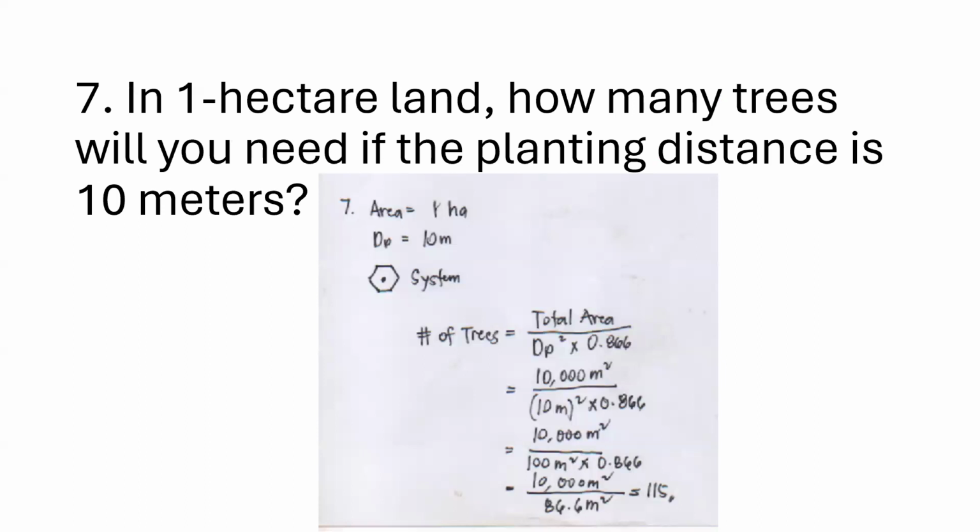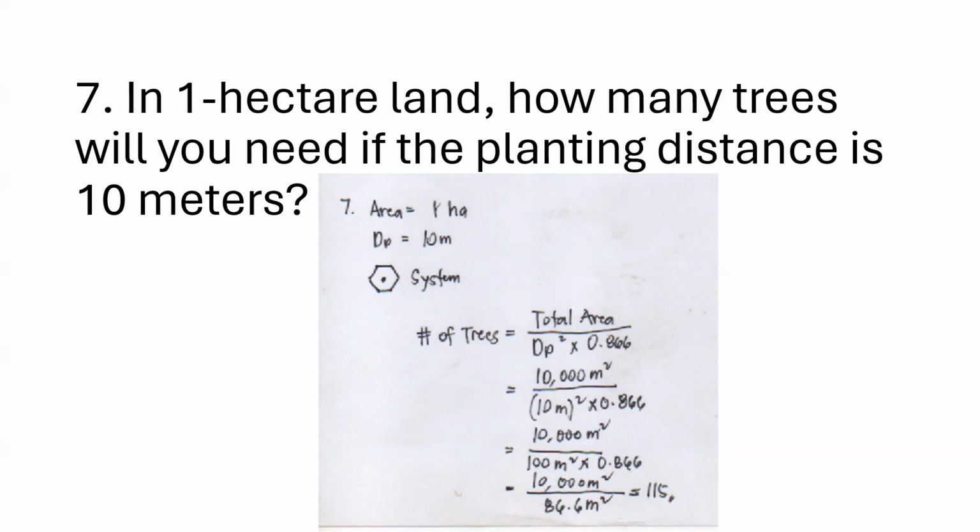Here, 1 hectare or 10,000 square meters divided by 10 meters times 10 meters equals 100 square meters times 0.866. 10,000 square meters divided by 100 square meters times 0.866 equals 86.6 square meters.